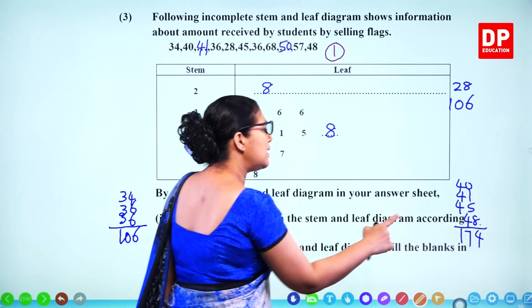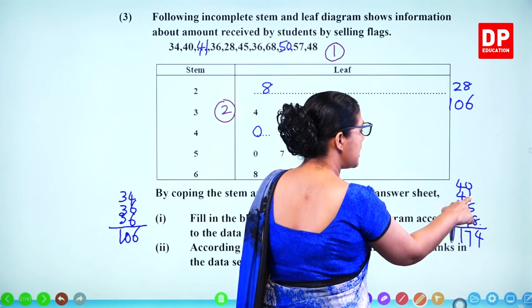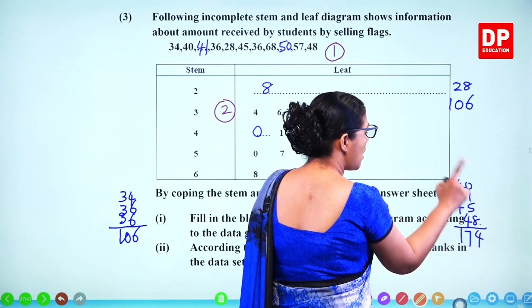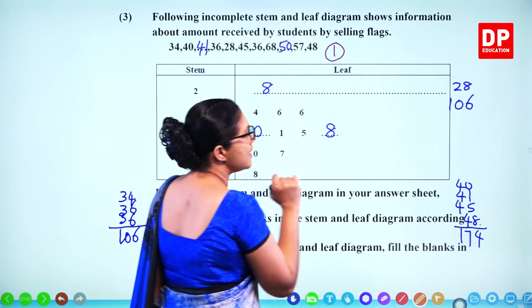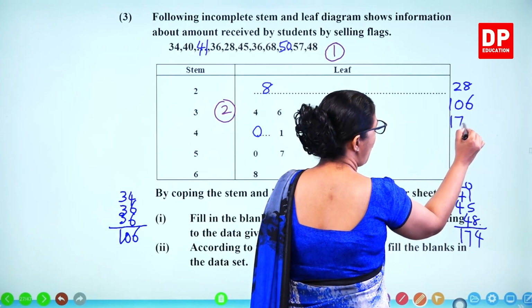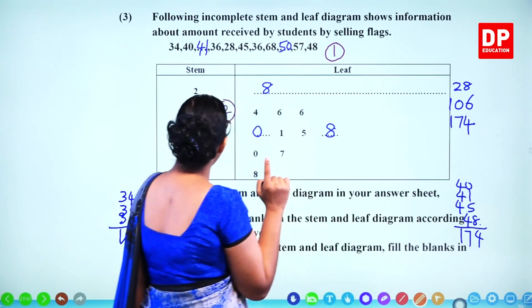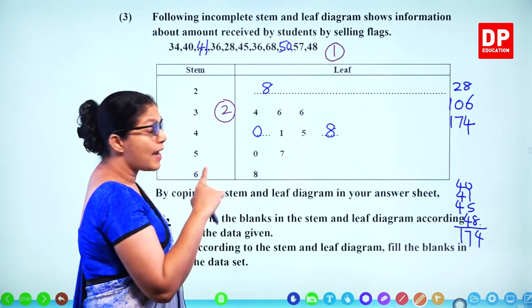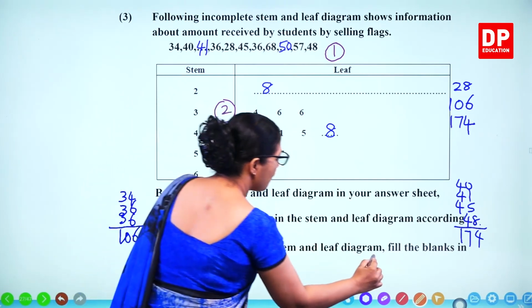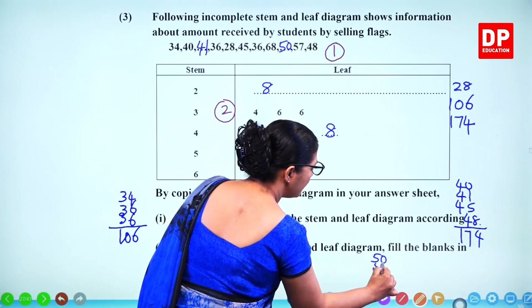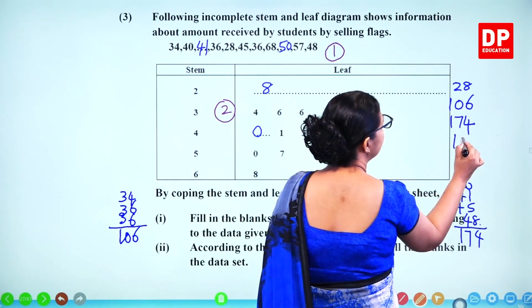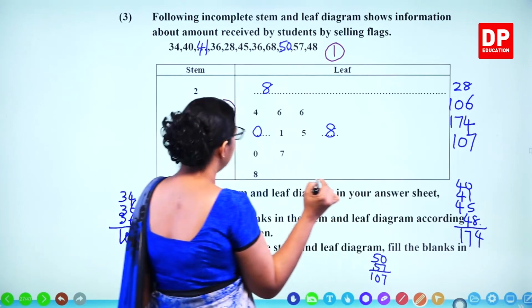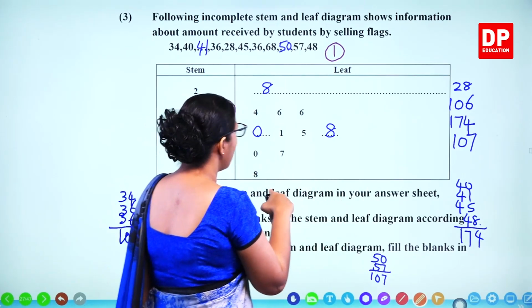So the total is 174. What's the total of this one? 50 plus 57, 107. And here you get 68.